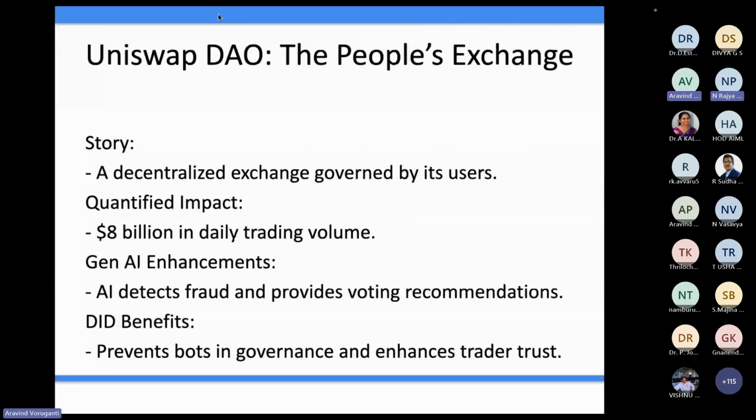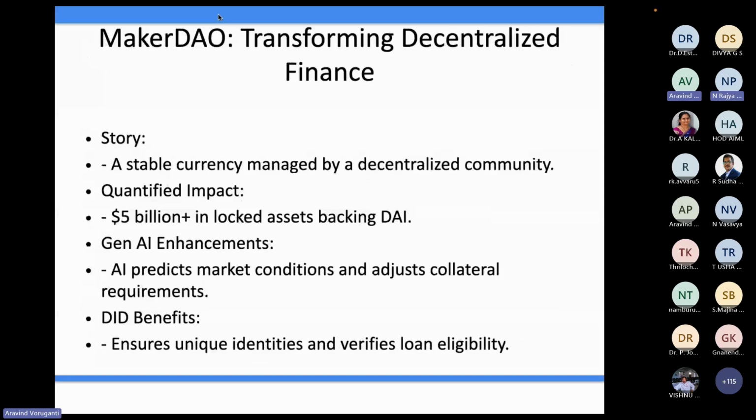So the first, one very good implementation of a DAO is MakerDAO. They designed a stable coin based DAO.